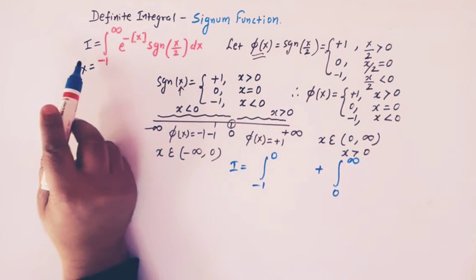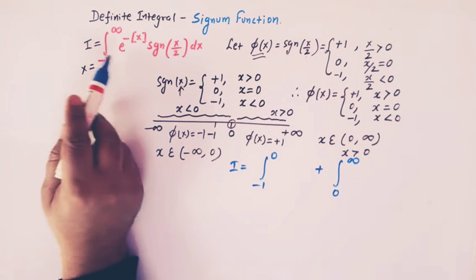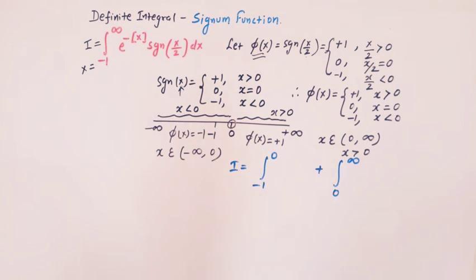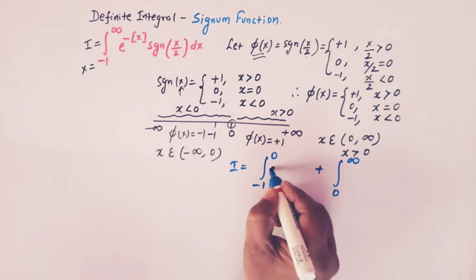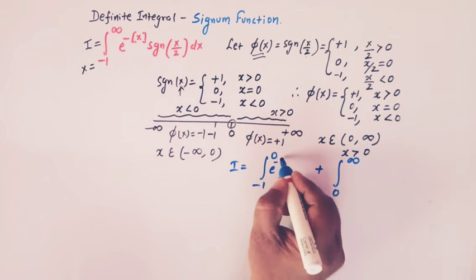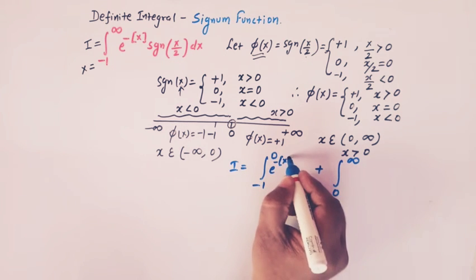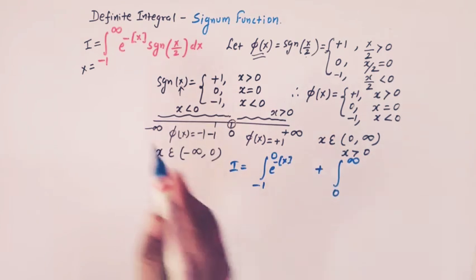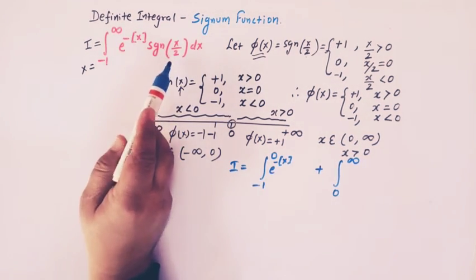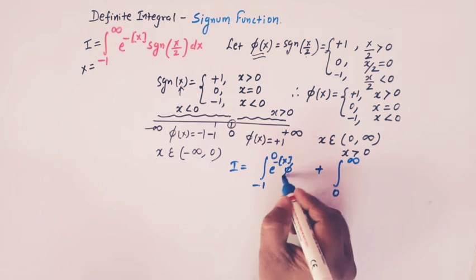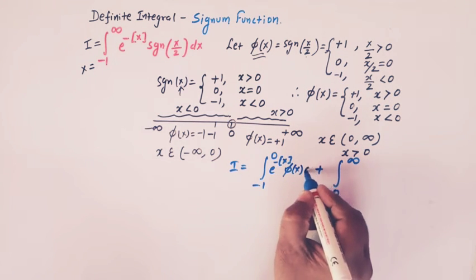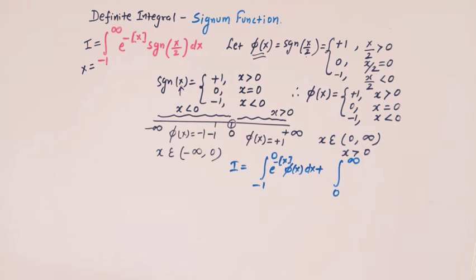So we split this integral as a sum of two integrals. One is from -1 to 0, and here the integrand is e raised to minus greatest integer x, and signum of x over 2 can be replaced by the function phi of x, and here we have dx.